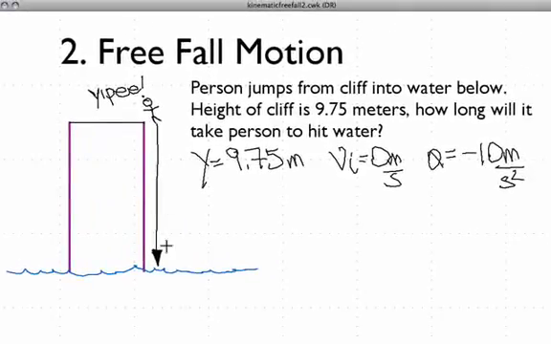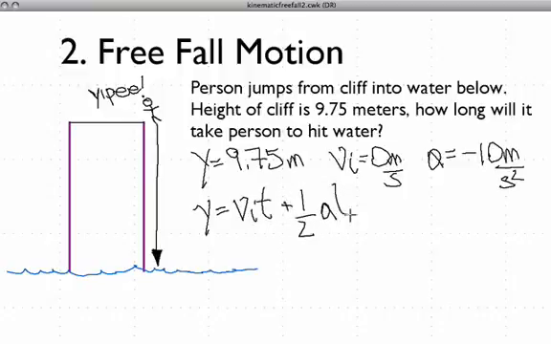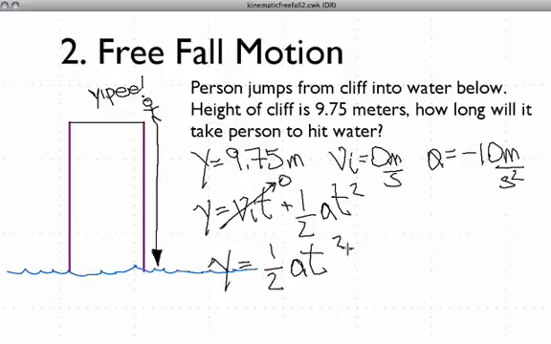So I'm going to put down here that y, which we know, equals VIT plus 1/2 AT squared. And once again, the initial velocity is 0. And that means that y equals 1/2 AT squared. Now, we already know y, so we don't want to solve for y. We actually want to solve for t.